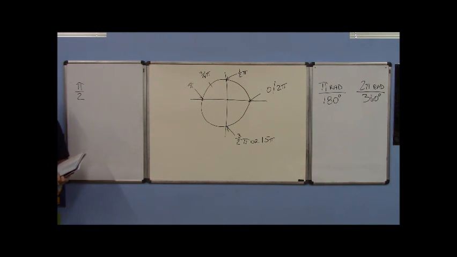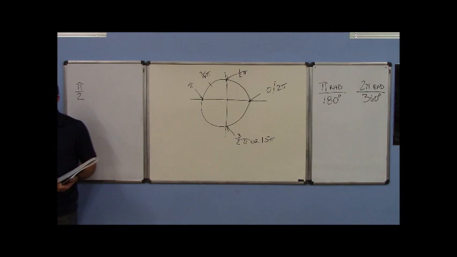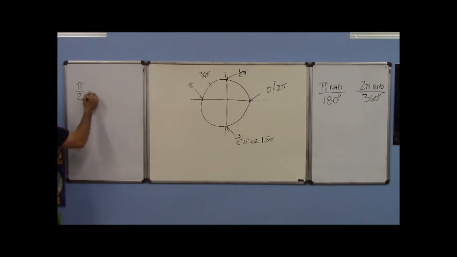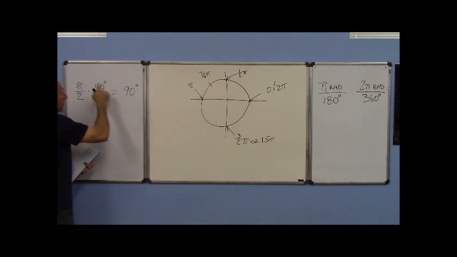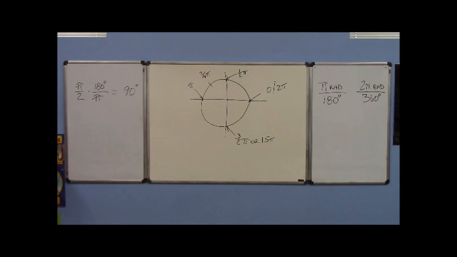Whenever we do any type of translations, like from milliliters to liters and so on, we always have to set it up so that units cancel each other out and we figure out what's left over. Here we know that 180 degrees is 1 pi, right? Okay, does that make sense? So then your pi's cancel out. 180 degrees divided by 2 equals 90, and what's left over are degrees. That's it. So pi over 2 is simply 90 degrees.